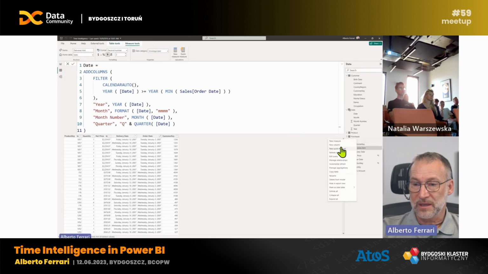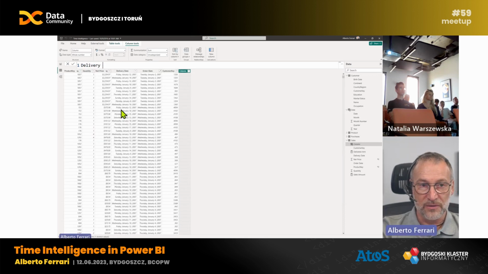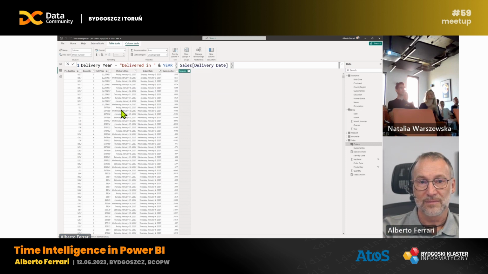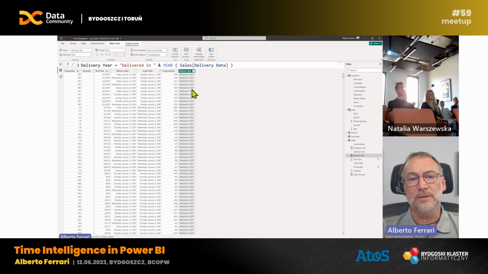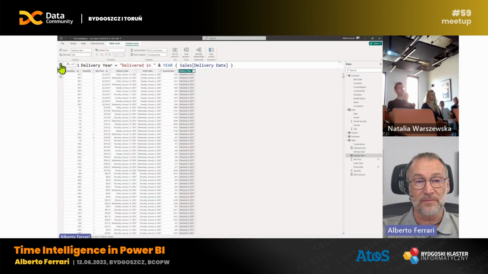If I go in sales and build a new column that I call delivery year, and I just write "delivered in" and then the year of the delivery date, that generates a column that contains a very small number of values, and it contains a description that slices by the year of delivery.